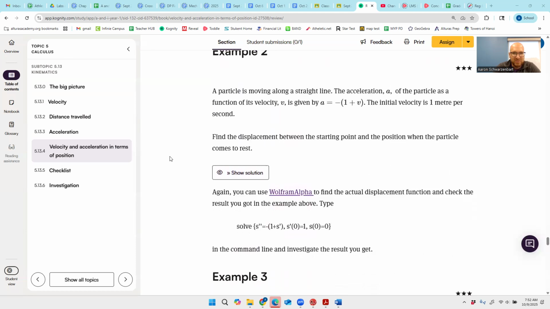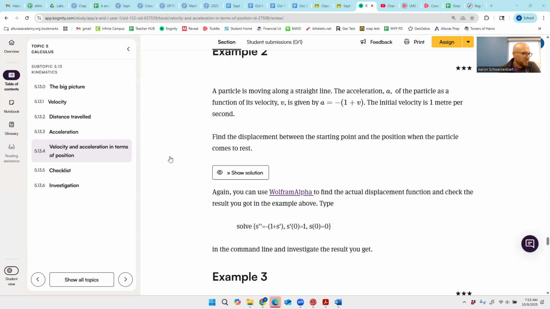Example 2. A particle is moving along a straight line. The acceleration of the particle is given by the function a equals negative 1 plus v. The initial velocity is 1 meter per second. Find the displacement between the starting position point and the position when the particle comes to rest. Okay.